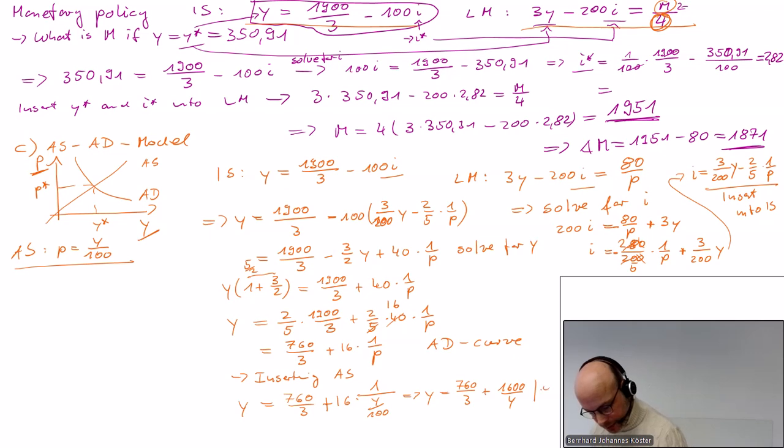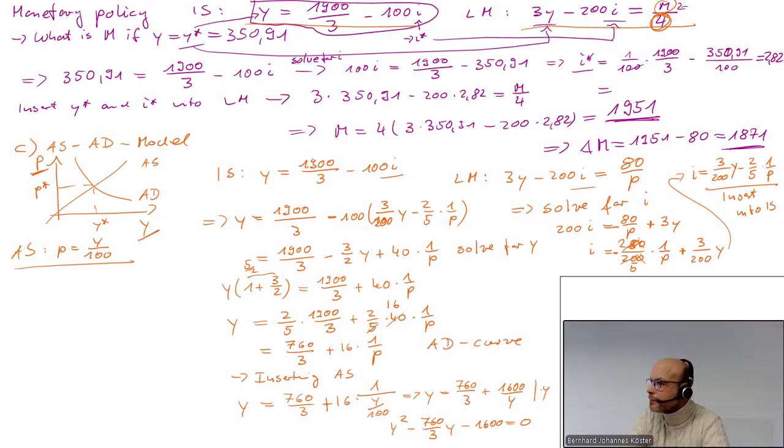Well, multiplying with Y, we obtain Y squared minus 760 over 3Y minus 1600 equals 0. And now, what kind of equation is this? This is just a quadratic equation.